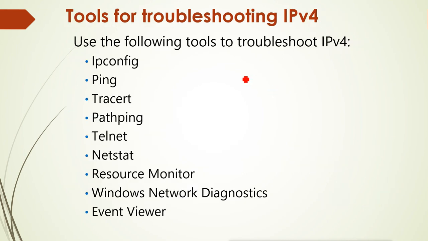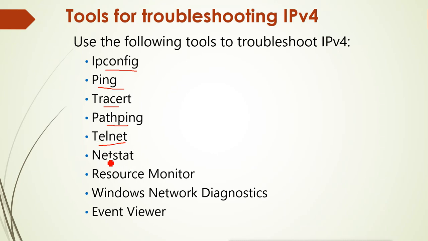Then we can use the troubleshooting tools. We can use ipconfig to check the IP address information. Then we can use the ping command to check connectivity. We can use tracert or pathping to trace the path of the network, to see where the machine is reaching up to. Then we can use telnet to try to connect to a remote machine's protocol, to see whether it is working or not.